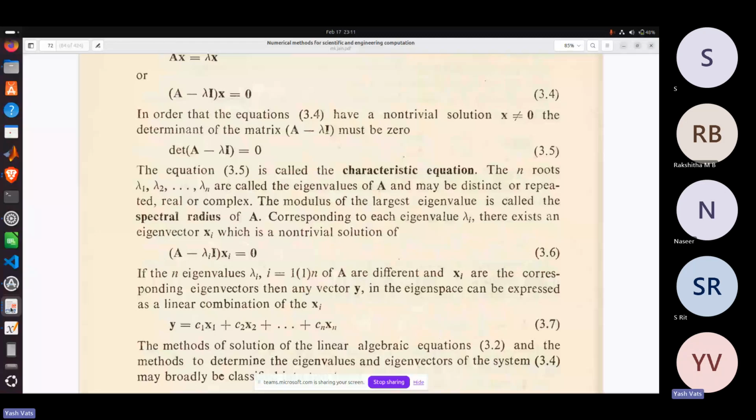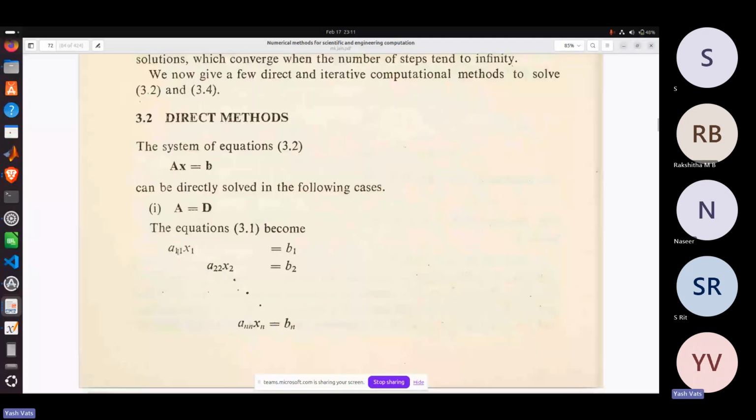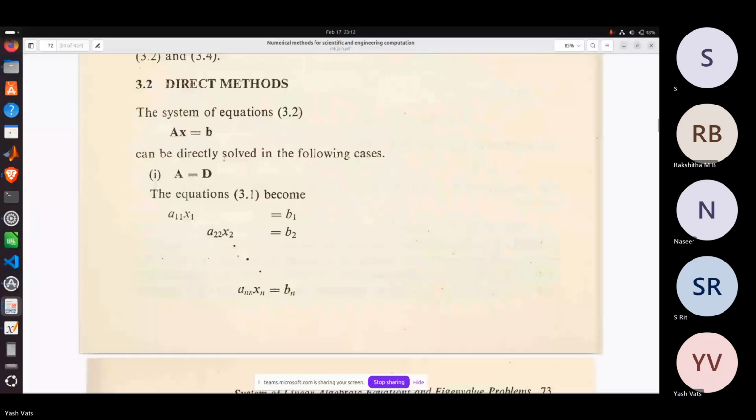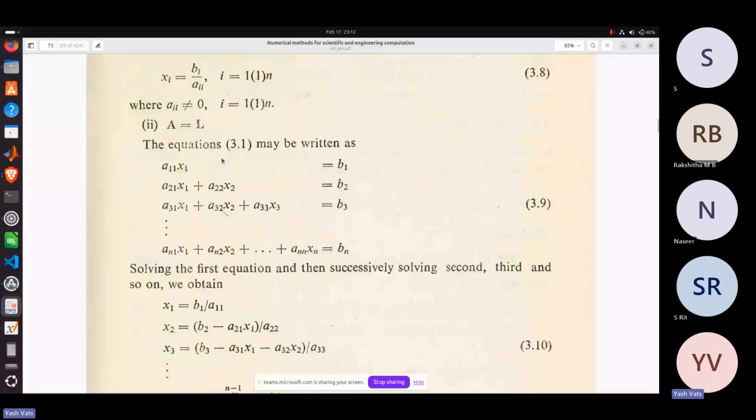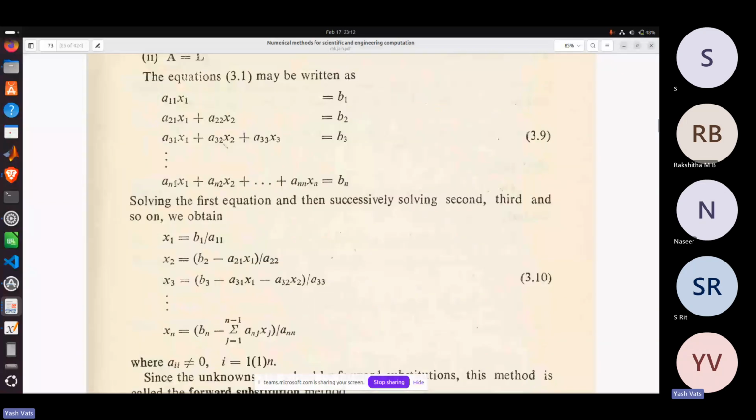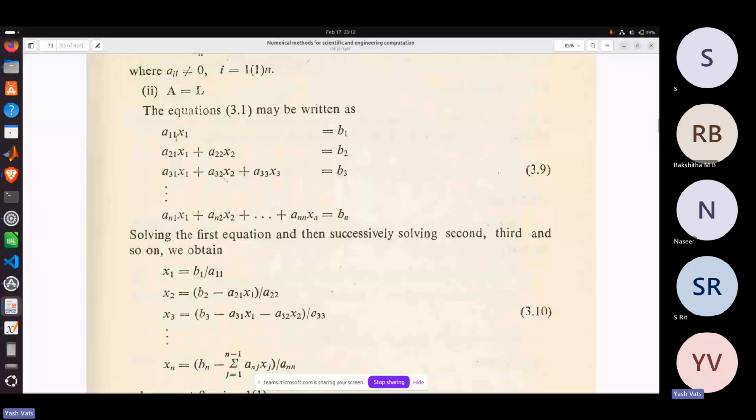So what are the methods to solve a system of equations? You can solve it directly. If you have a system Ax equals B and A is a diagonal matrix, then it's very easy. The solution is just by hand. If A is a lower triangular matrix, from the first equation you find x1.